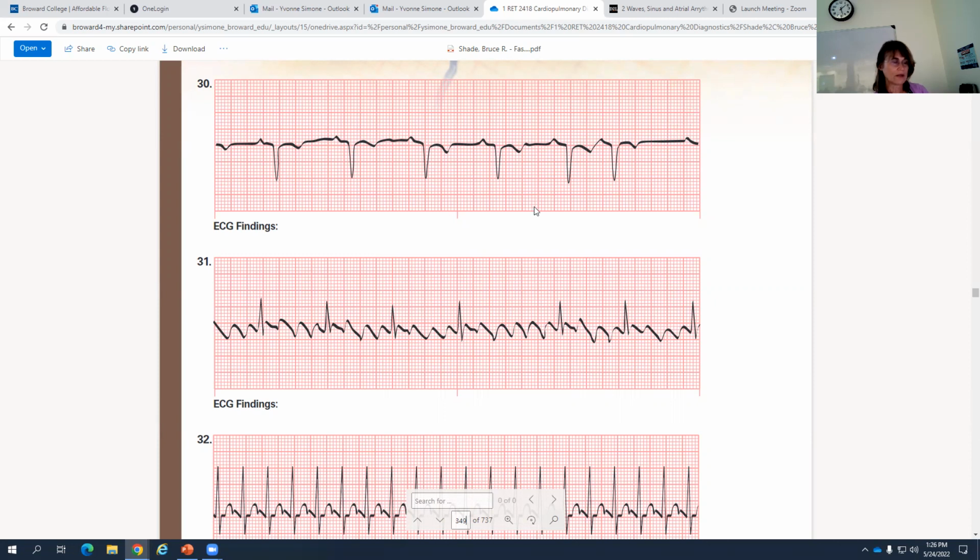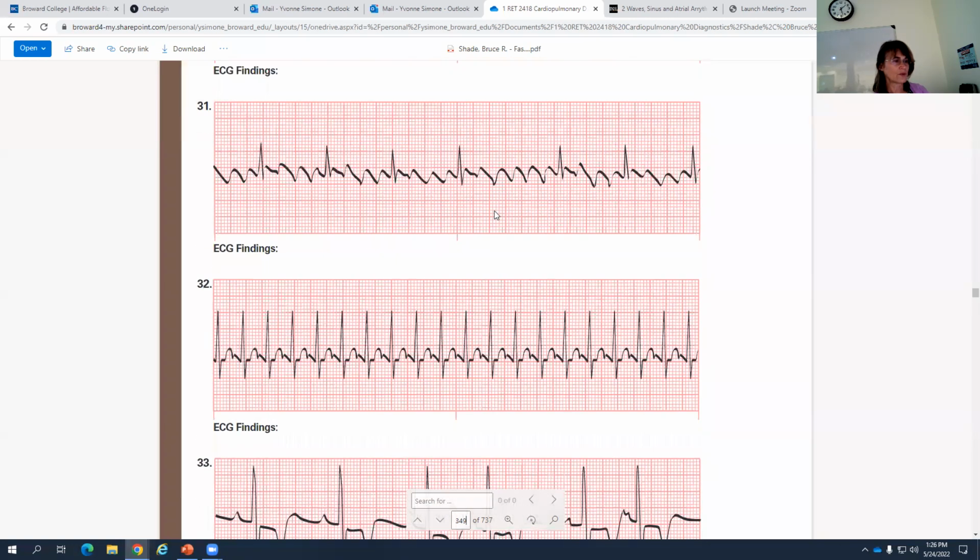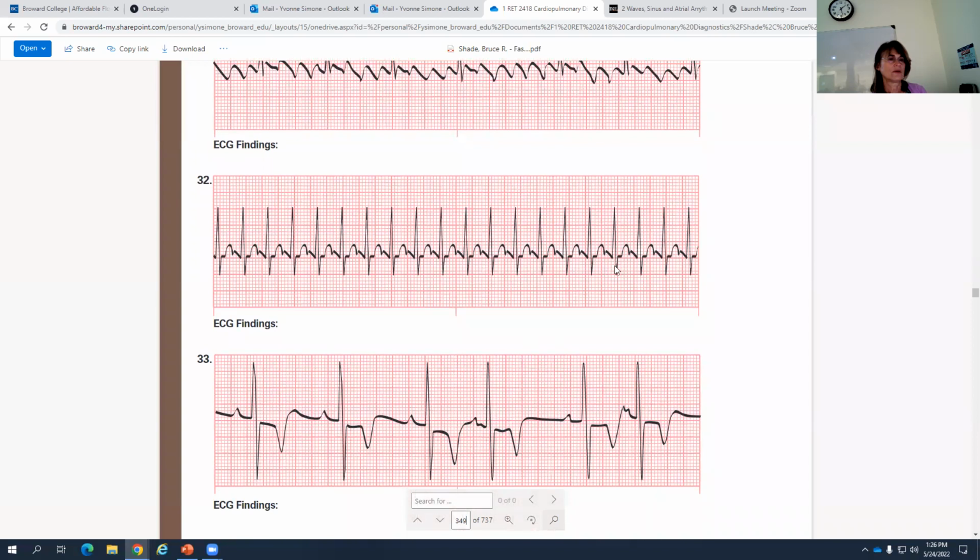Page 320, number 32. Well, that's where we are. Yes. So fast rhythm. It's regular.